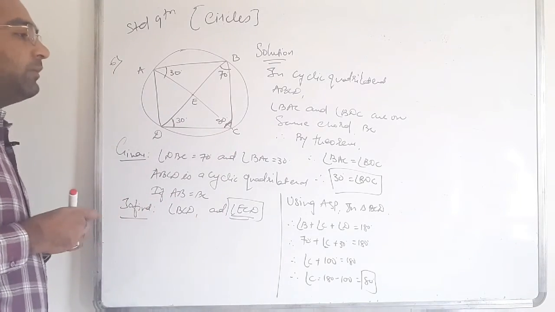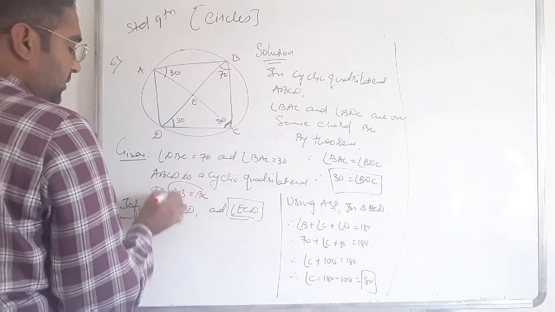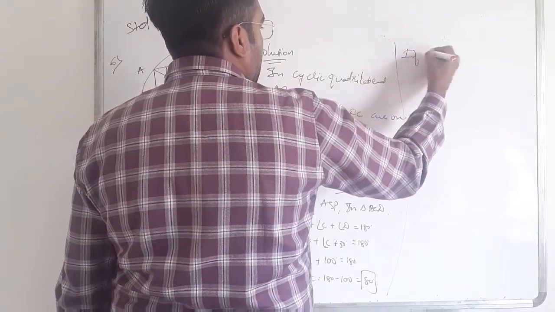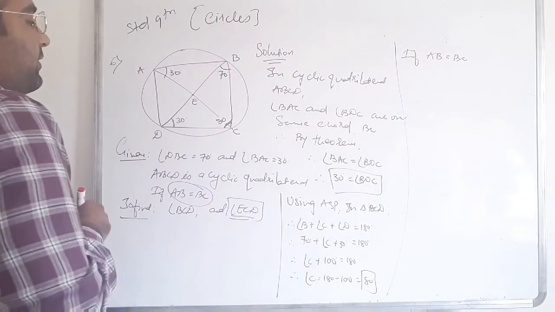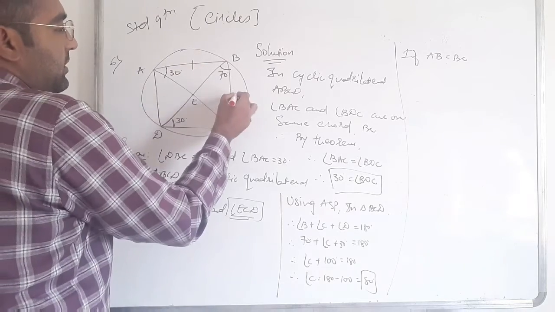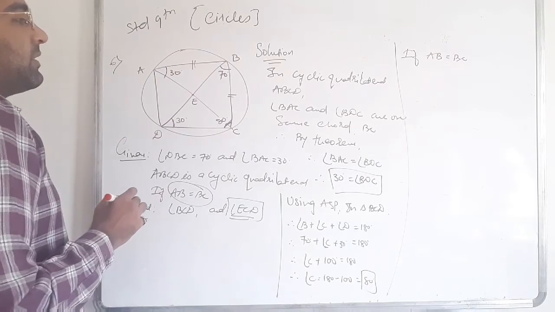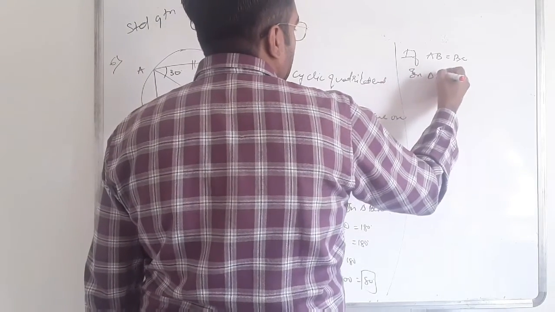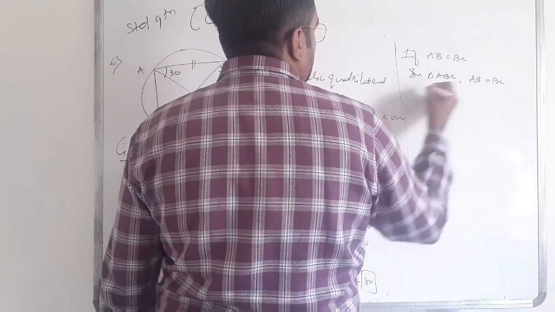Now AB is equal to BC, so we have to move to the further part. In triangle ABC, AB is equal to BC.